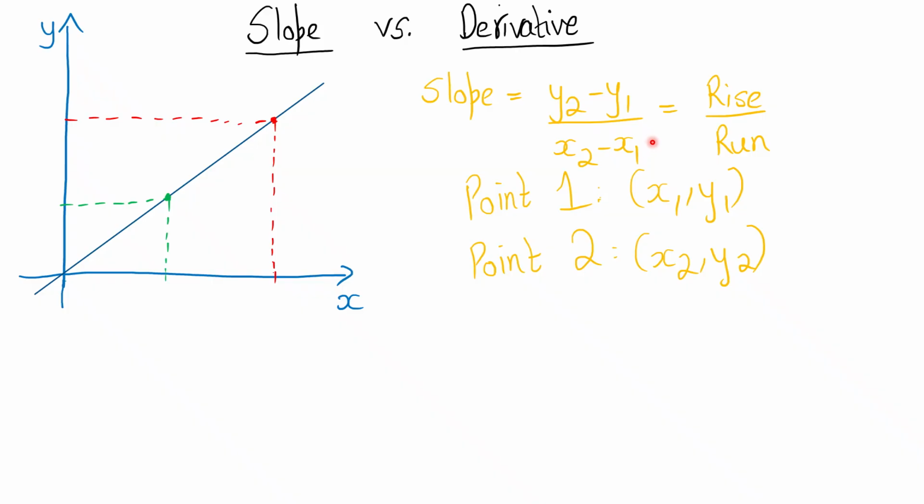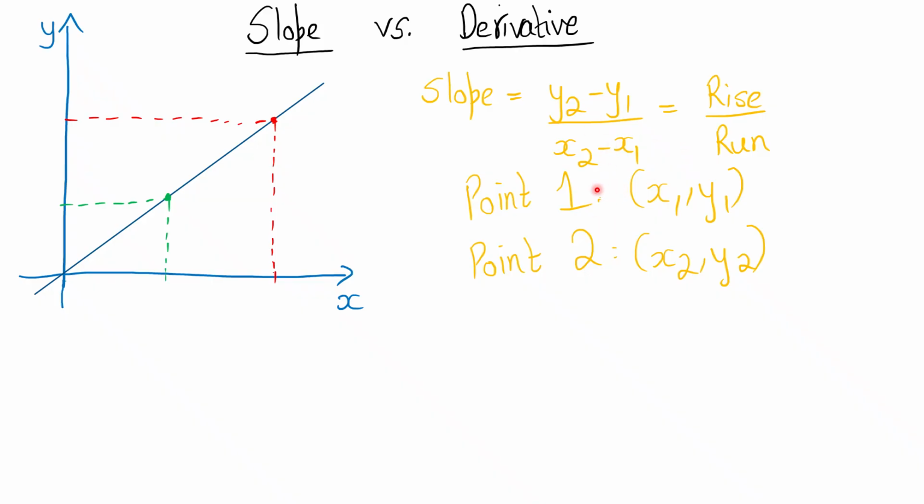And when we talk about the slope, we usually talk about the slope of a linear equation, something that is a straight line. Because usually, and this is not always the case, when we talk about the slope, we're talking about the average rate of change, and we need 2 points to find the slope using this formula.